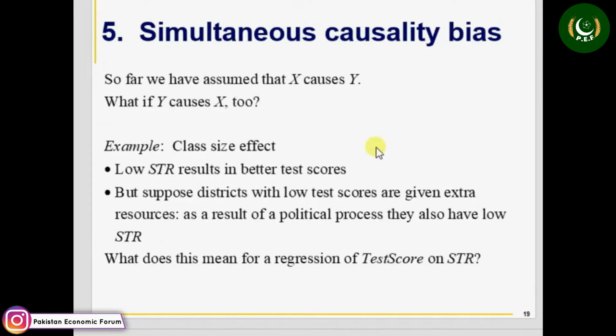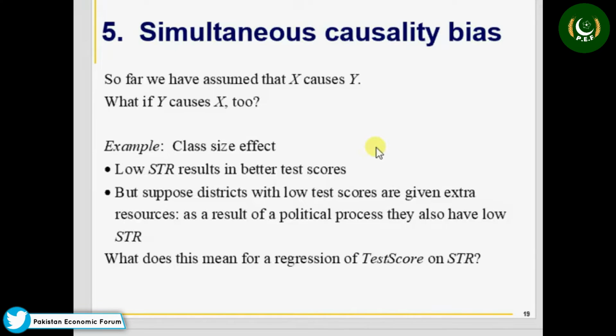The last threat to internal validity of a model is simultaneous causality bias, one of the fundamental concepts of any economic or social science issue, because we are interested in why it works, not what works. Take class size affecting test score.